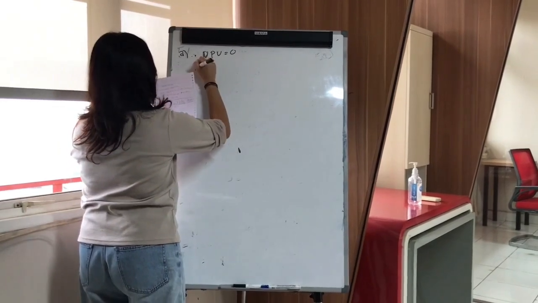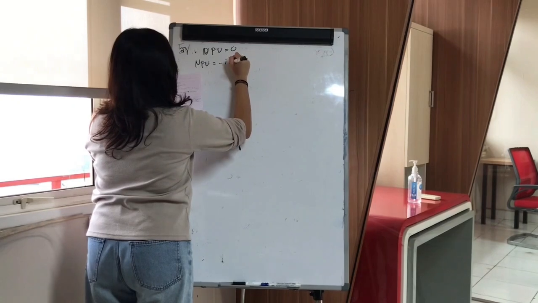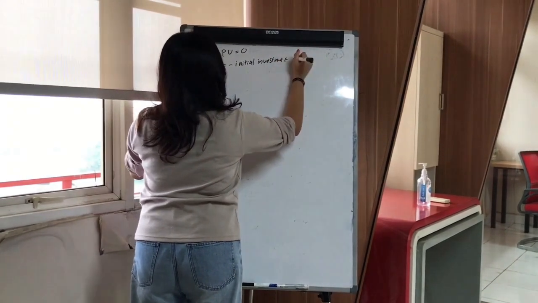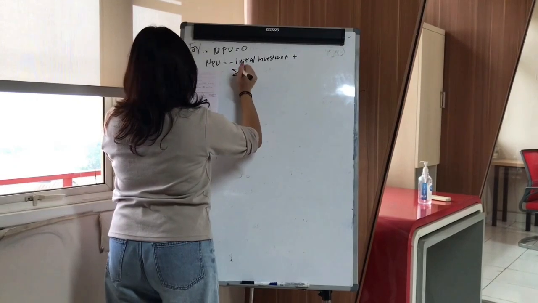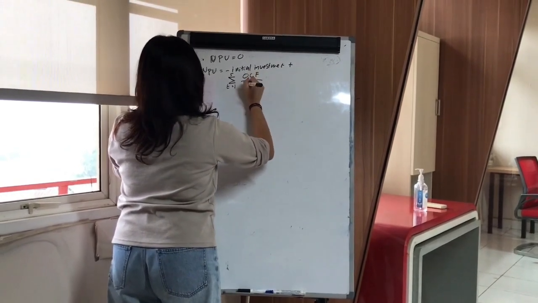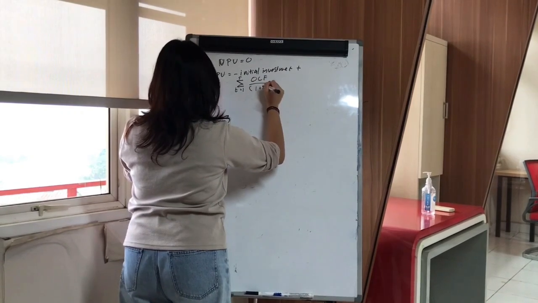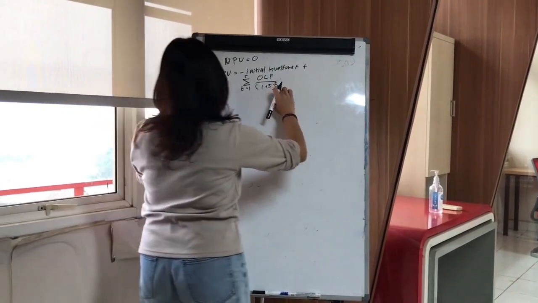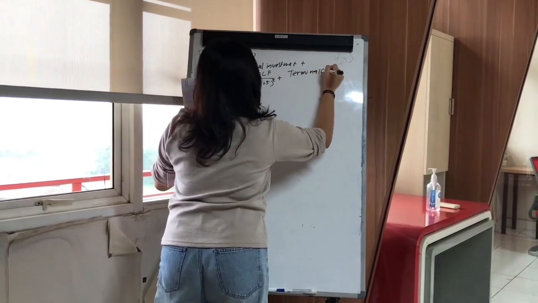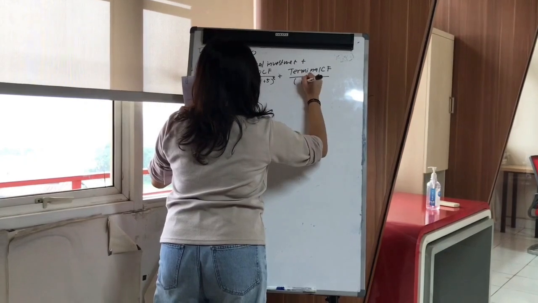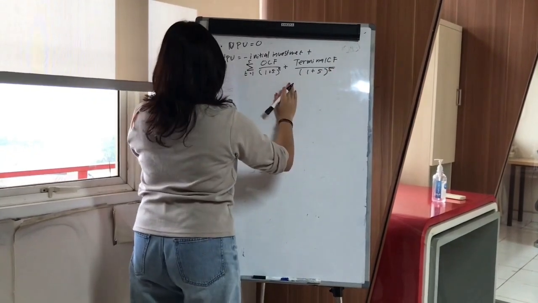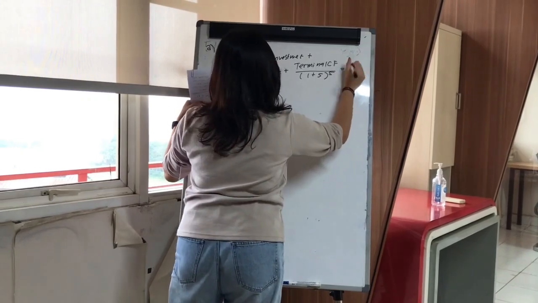With this, we will use NPV is minus initial investment, add sigma of t equal to 1 to 5 of OCF divided by 1 plus r to the power of t, plus terminal cash flow divided by 1 add r to the power of 5. Now that is equal to 0.